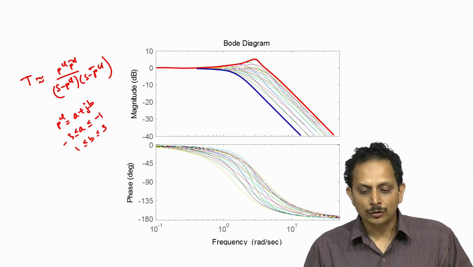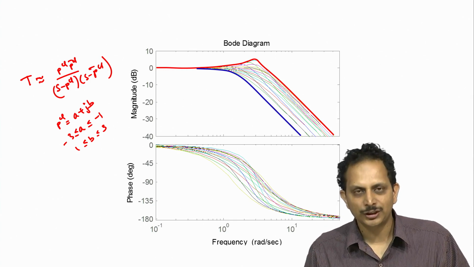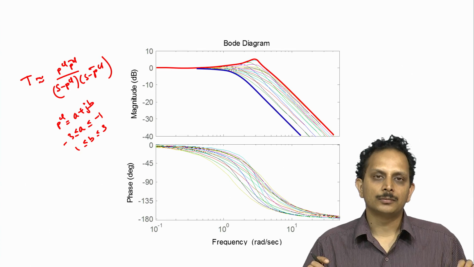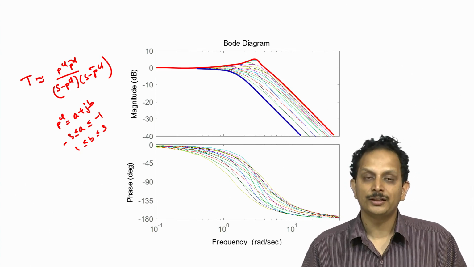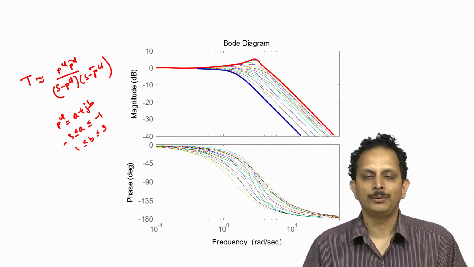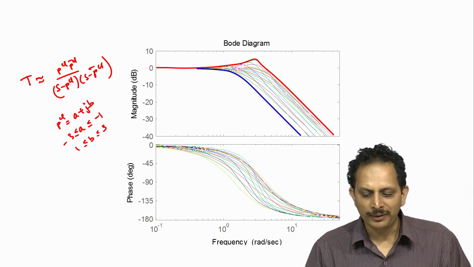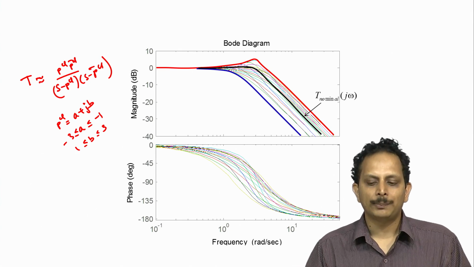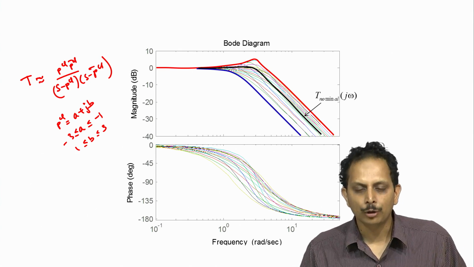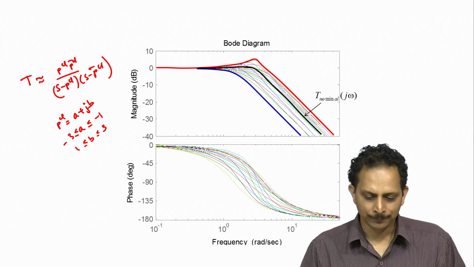Furthermore, there is also the nominal transmission function which we would get when the dominant closed loop pole PCL is located at its nominal position, namely PCL naught, namely -1.5 plus minus 2j, and that nominal Bode plot has also been plotted along with the upper limit and the lower limit.